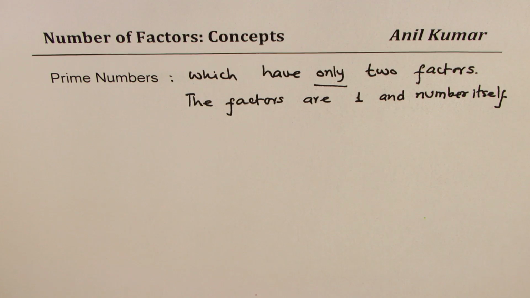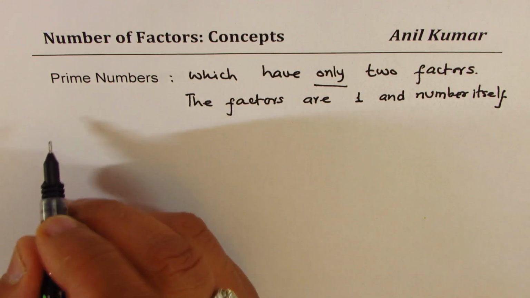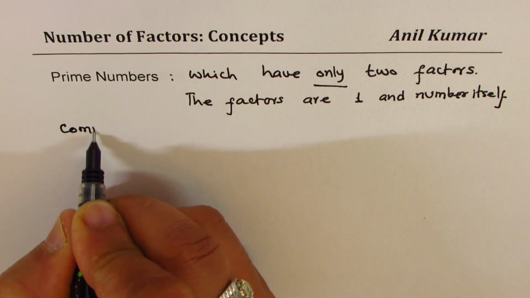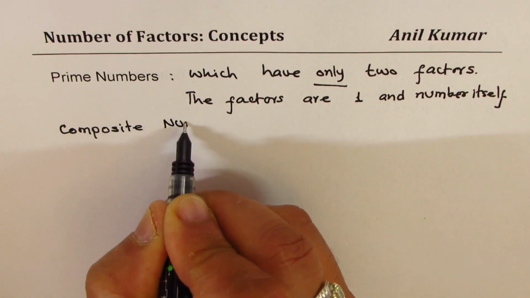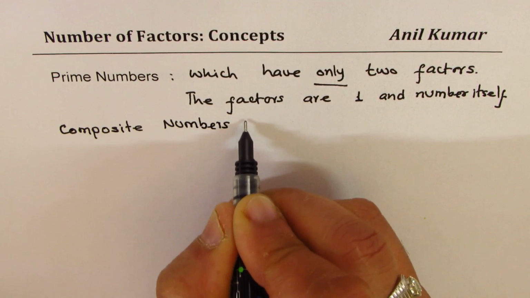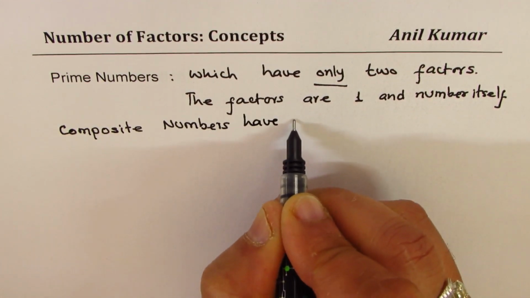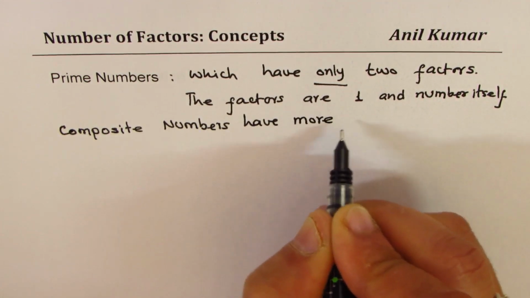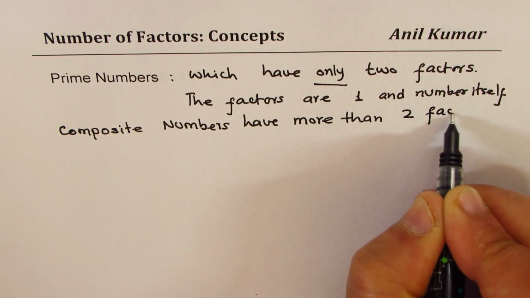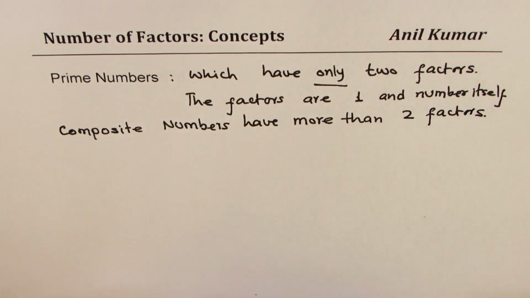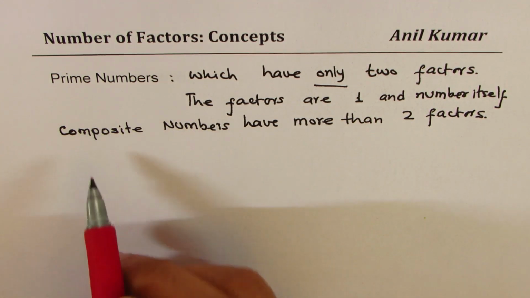So let's write down that also here. So the other number is a composite number, which has more than 2 factors. And that brings us to a very popular question. Can we have a number which is neither prime nor composite?